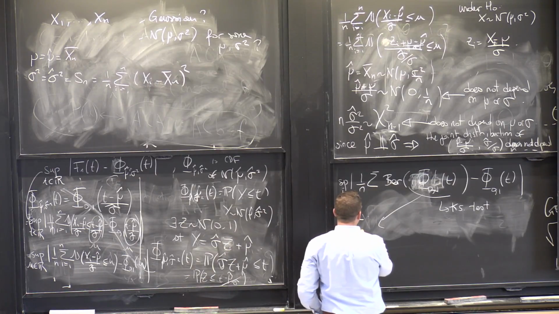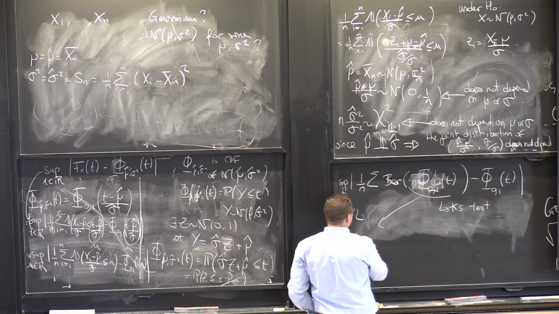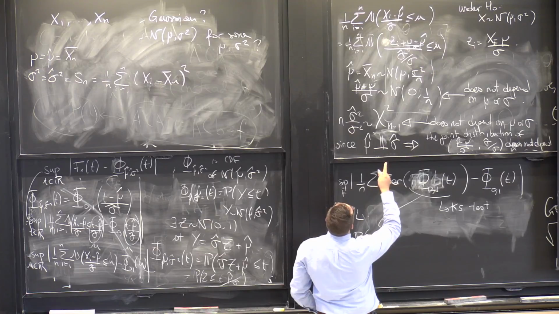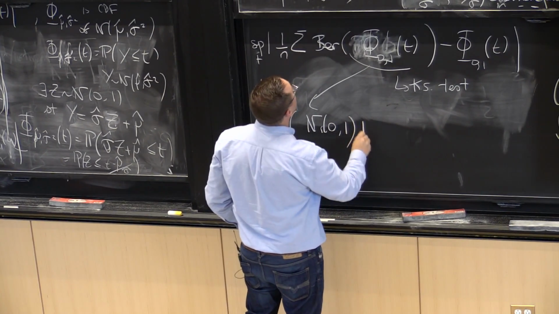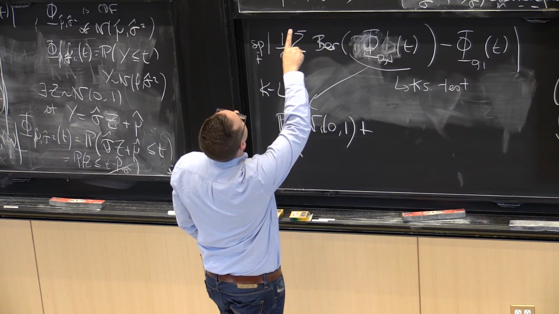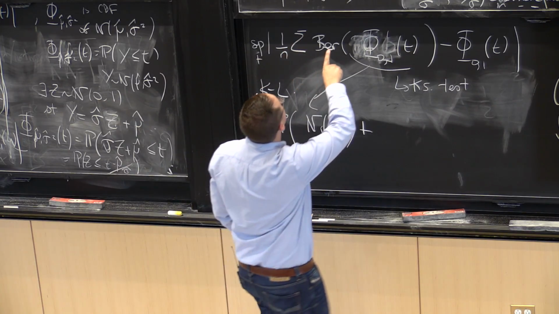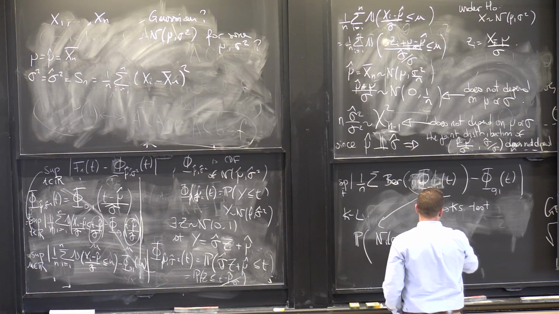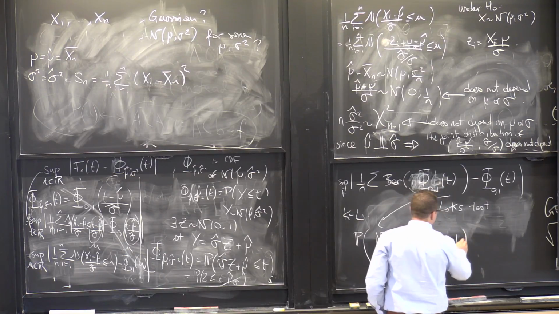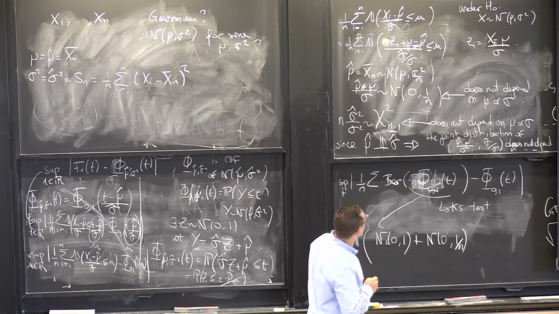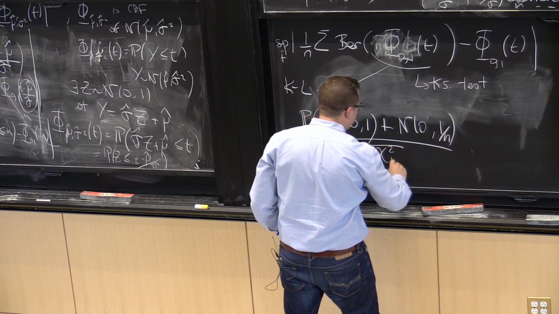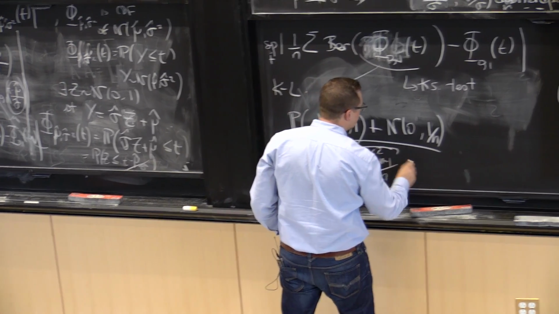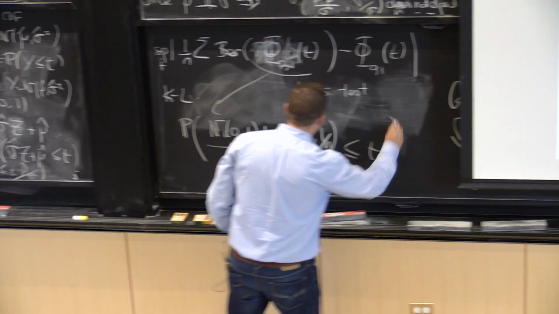The parameter of the Bernoulli becomes the probability that some N(0,1) plus some N(0,1) over n, divided by the square root of chi-squared n minus 1 divided by n, is less than t.